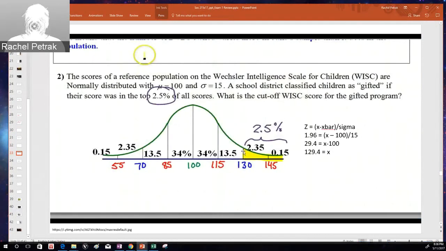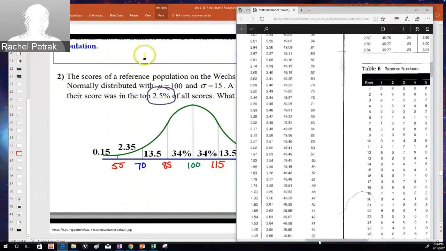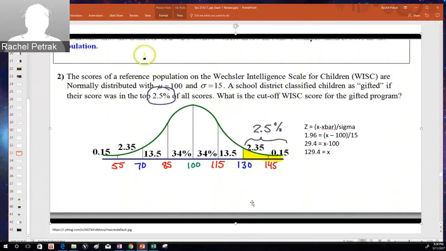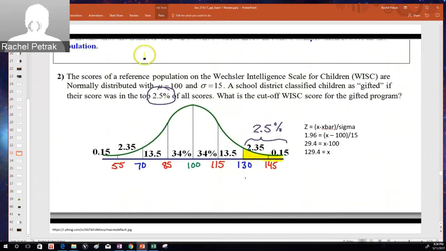We need to get the z-score for this point, and then we can convert that z-score back into a real score. Looking at our z-table, I can see in column C that a z-score of 1.96 is exactly 2.5%. So this is 1.96 right here for our z-score.